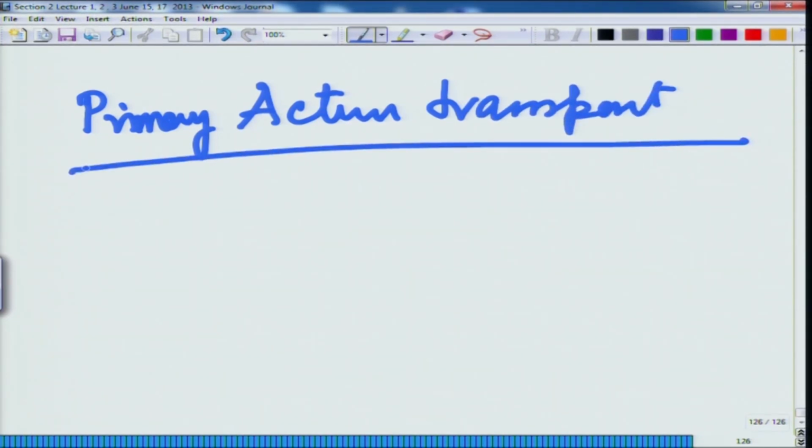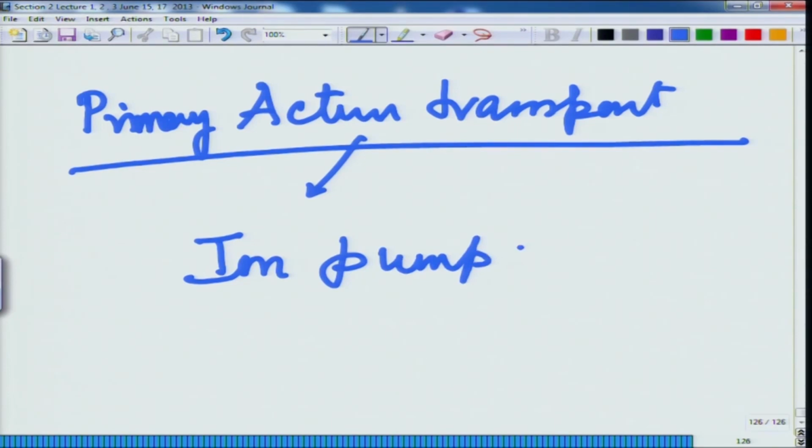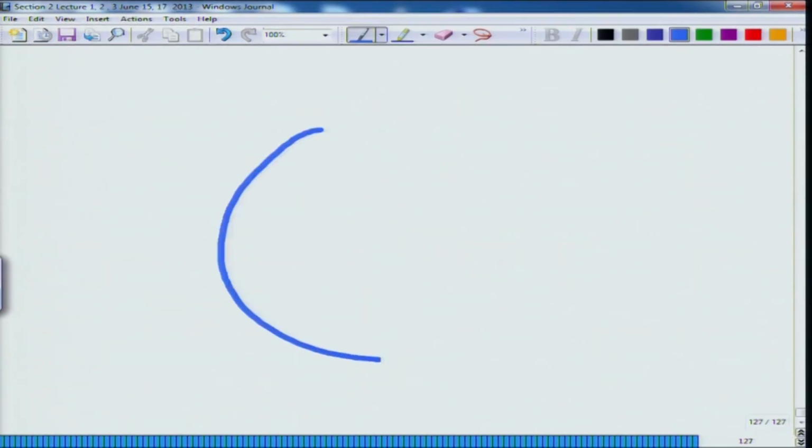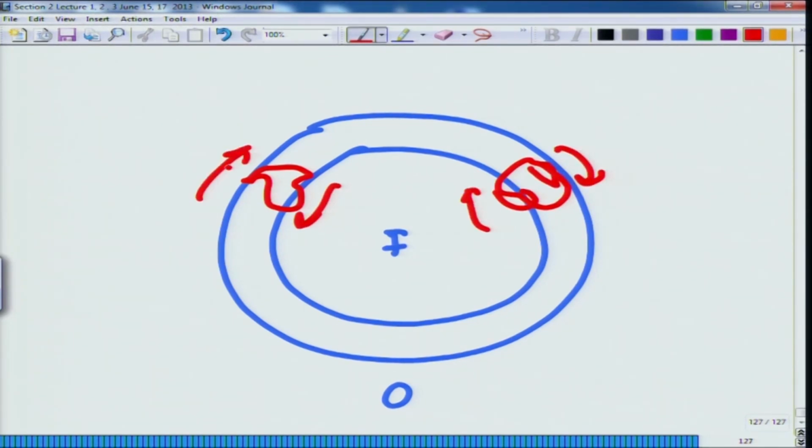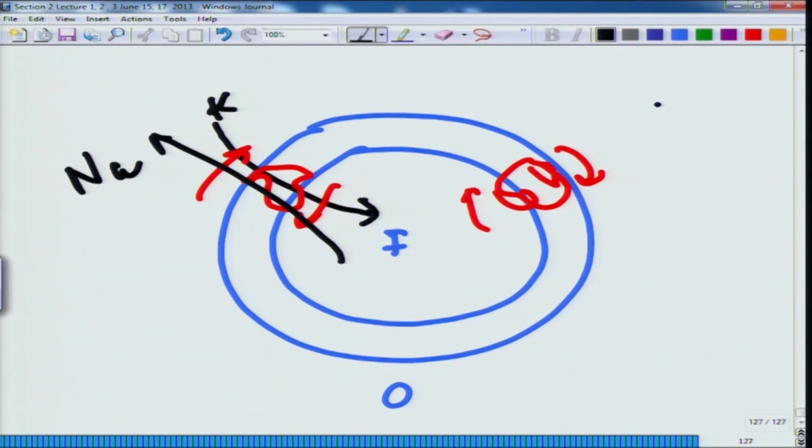Primary active transport is taken care of by ion pumps. Let me give you an example. We are talking about the ion pumps, you remember I was telling you in the last class. If this is the cell, this is the inside and this is outside, there are a bunch of pumps sitting there, which change their conformation and ensure the flow of potassium in and throwing away of sodium from the cell, thereby maintaining the homeostasis of the cell.